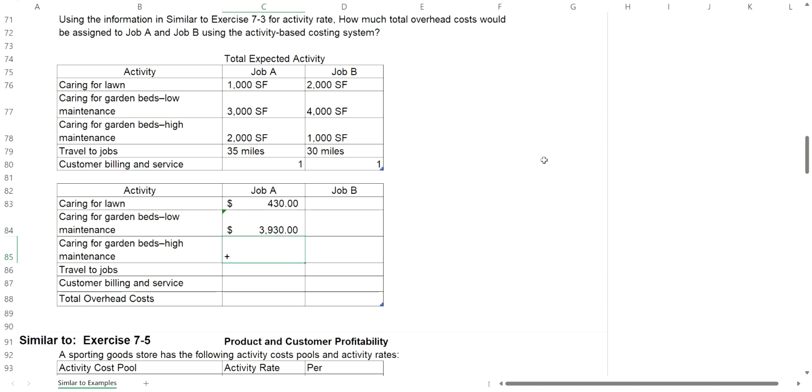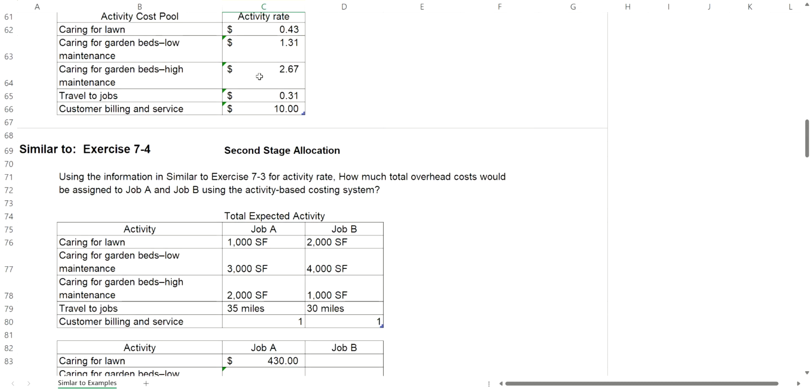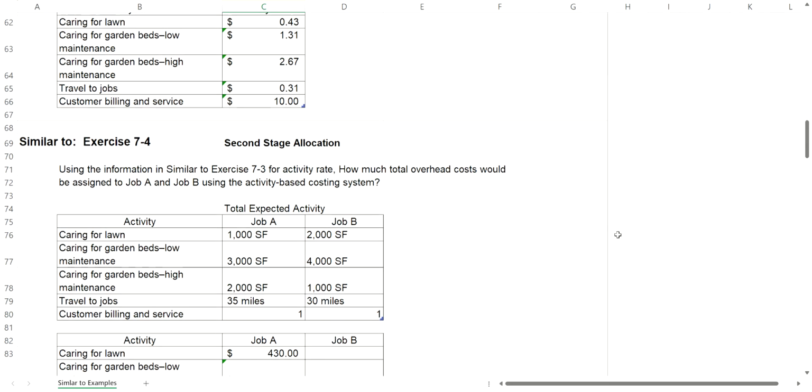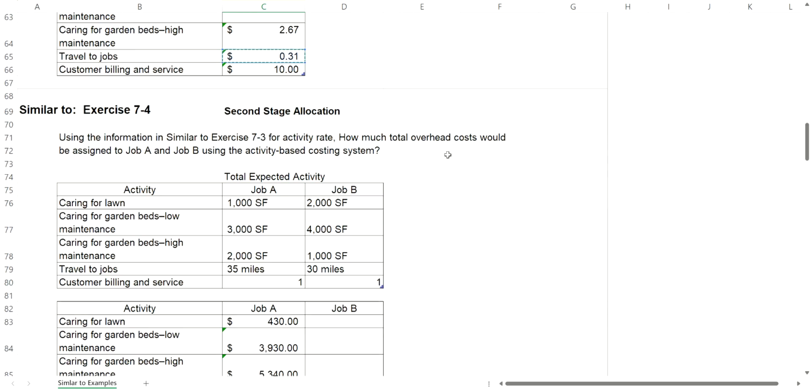For the high maintenance, that is 2,000 square feet, times the activity rate of $2.67. For travel to jobs, that is 35 miles, and it is 31 cents per mile.